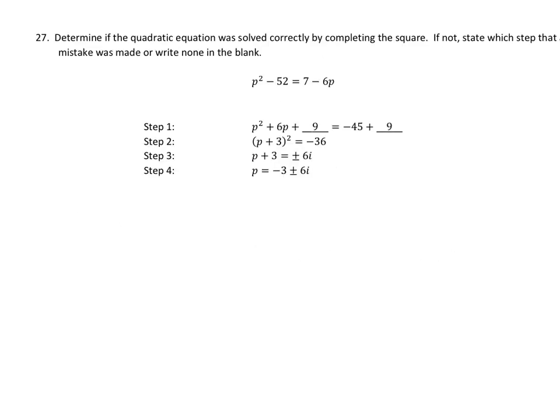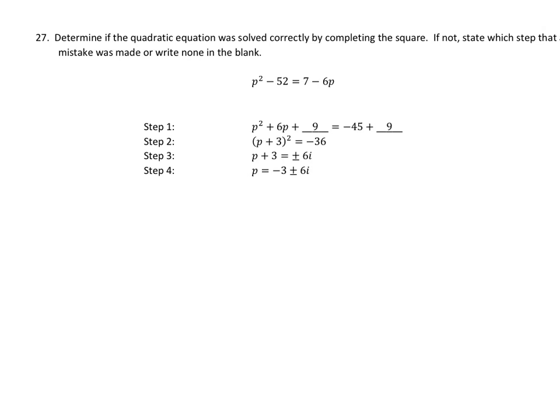All right, in problem 27, determine if the quadratic equation was solved correctly by completing the square. If not, state the step that was a mistake, or where a mistake was made, or write none in the blank. So first of all, we need to check to see where the mistake was made, if there was a mistake.